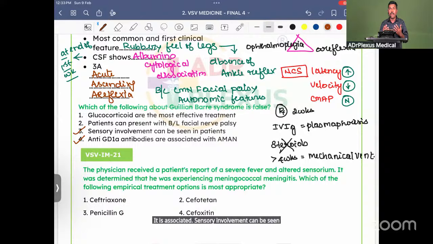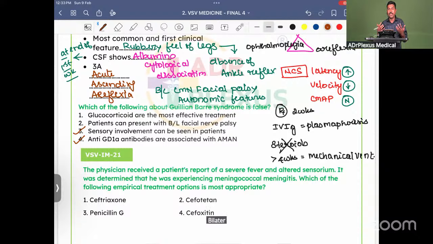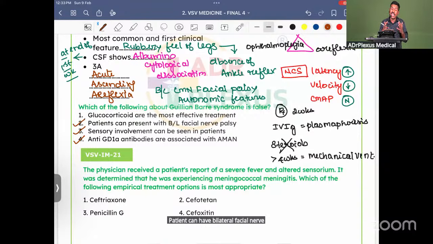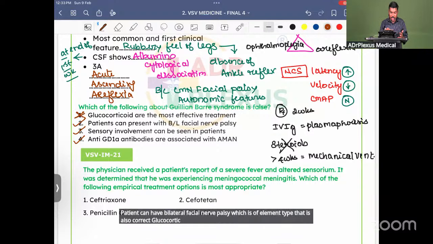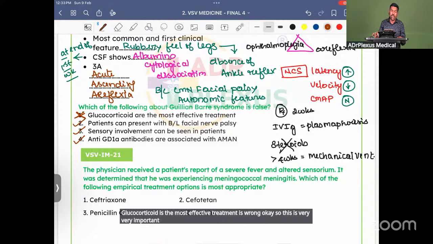Yes, I told that bilateral rubbery feel of the legs will be there, which means the patient is not able to sense the legs. The patient can have bilateral facial nerve palsy, which is of LMN type. That is also correct. Glucocorticoid is the most effective treatment is wrong. Okay. So this is a very, very important thing.